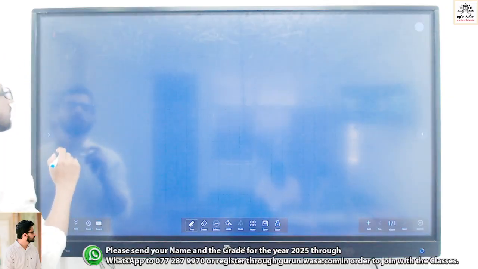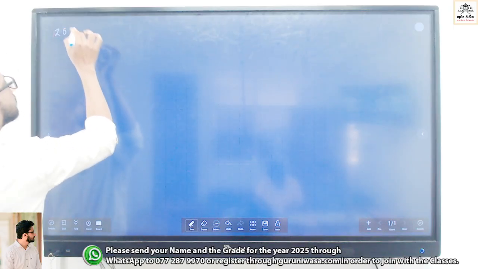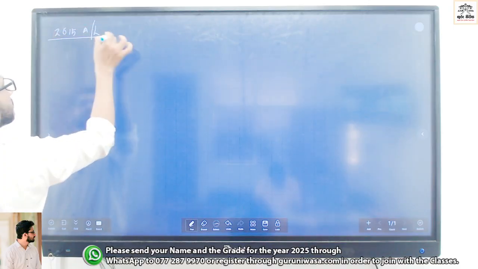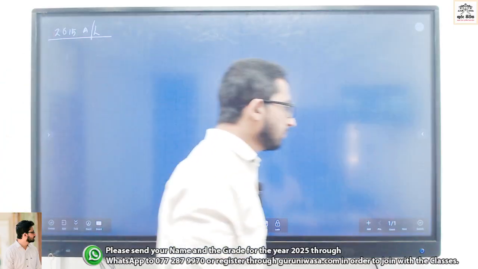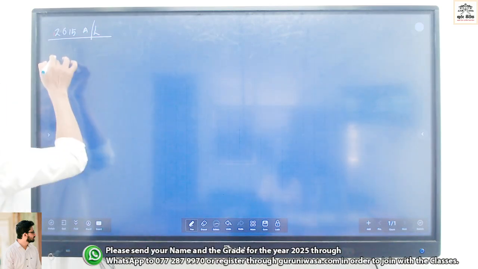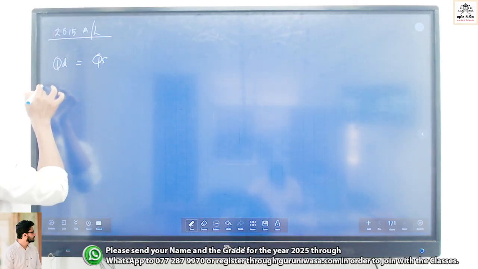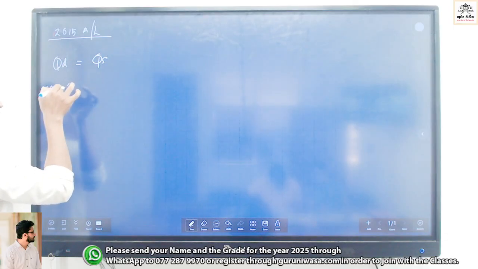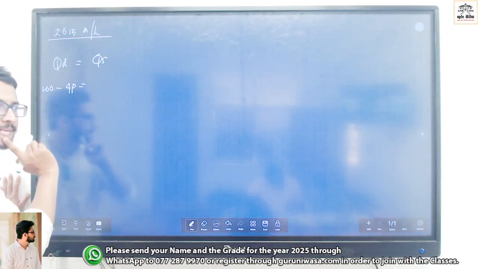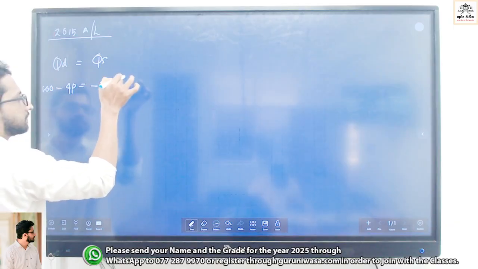First one, equilibrium price: QD equals QS. QD equals 100 minus 4P, QS equals minus 30 plus 6P.